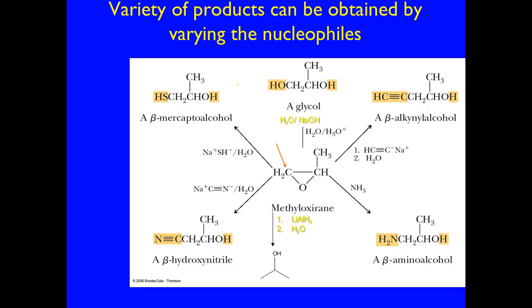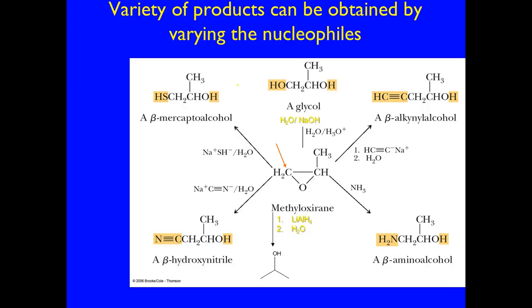If you have cyanide, CN minus, it looks like N minus, but it attacks through the carbon because of the resonance structure, and then you make a cyanoalcohol. If you have lithium aluminum hydride, you can add hydride, and that hydride also comes from the less hindered side. So this is basic again.